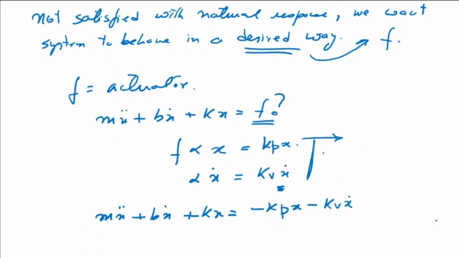We said it should be proportional to the position and proportional to the velocity, equal to kp times x and kv times x dot, where kp and kv are called the proportional gain and the velocity gain, or the derivative gain.